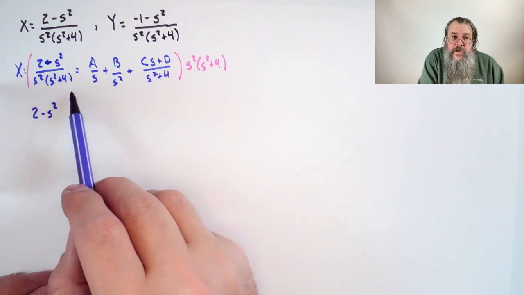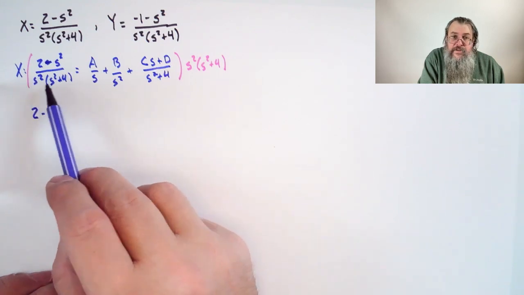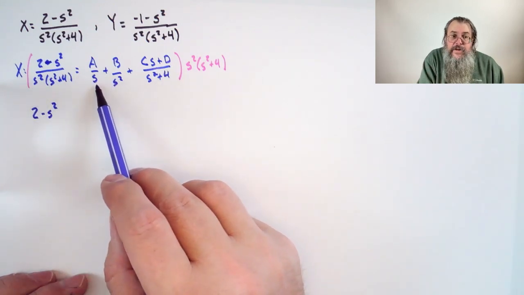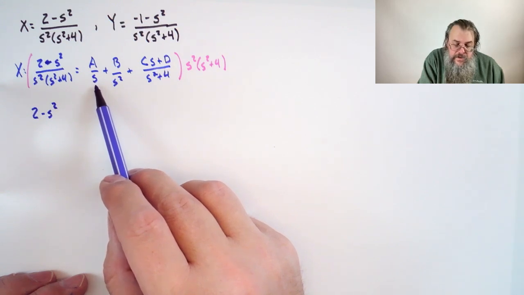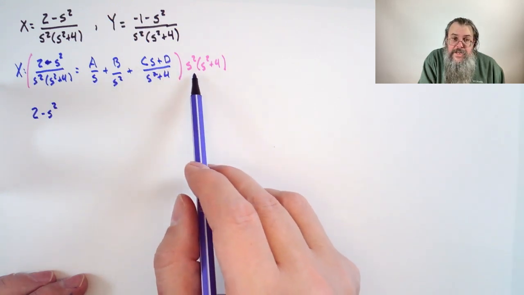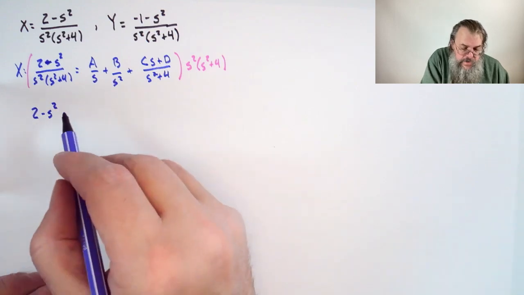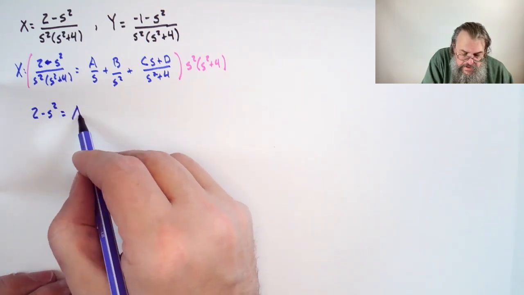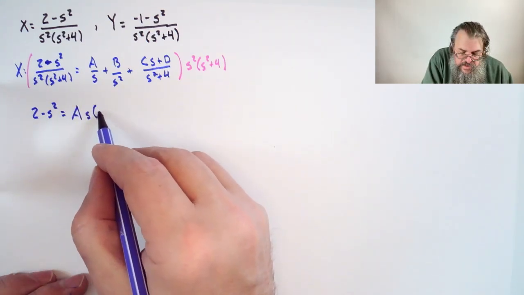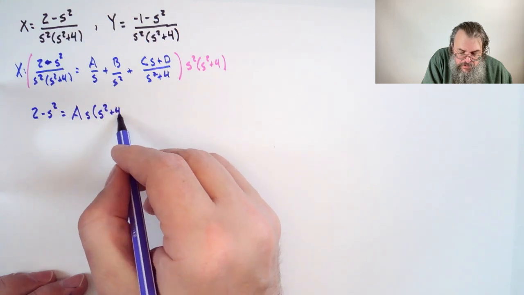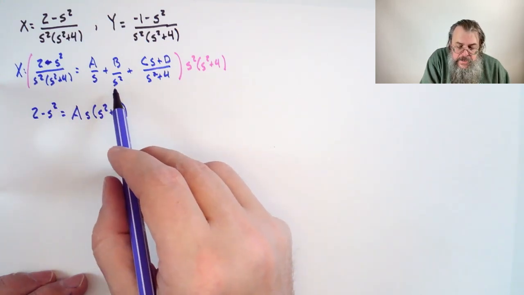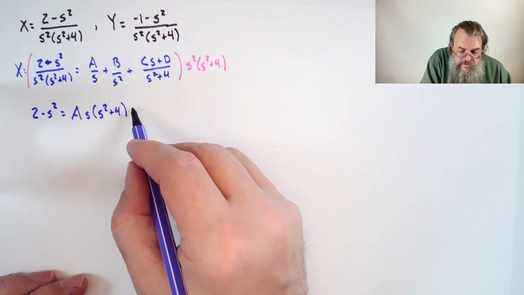Notice that when I'm choosing how to clear my denominator, I pick the term I start with. So we come to here. Now notice I only have a single s here, so I'm not going to get rid of both s's, just one of them. So I'll have as times s squared plus 4. Now here, I will get rid of two s's, so that's great.